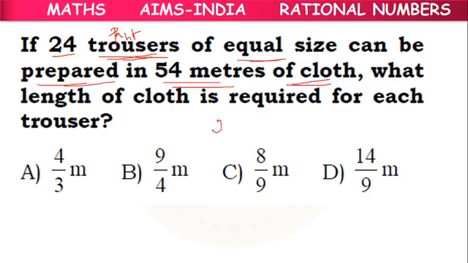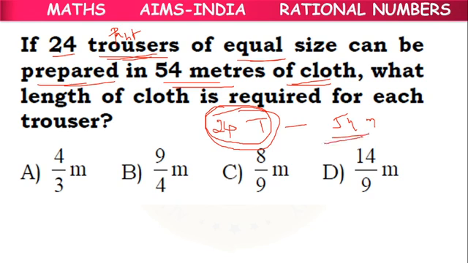Means we want to prepare 24 trousers. For that, how much cloth do we need? 54 meters of cloth. For all the 24 trousers. For making all the 24 trousers, we need a total of 54 meters of cloth. Now the question is, what length of cloth is required for each trouser?